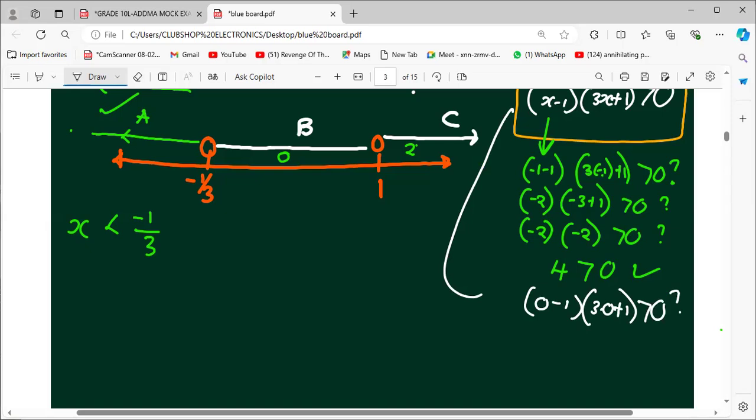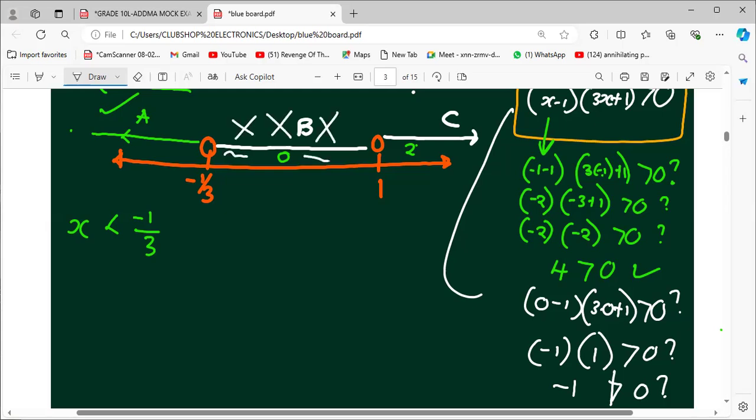So -1 times 1, since 3 times 0 is 0 plus 1 is 1. We have -1. Is -1 greater than 0? No, definitely not. So this is out. I'm not picking any numbers in.